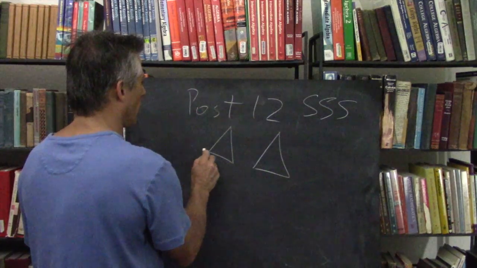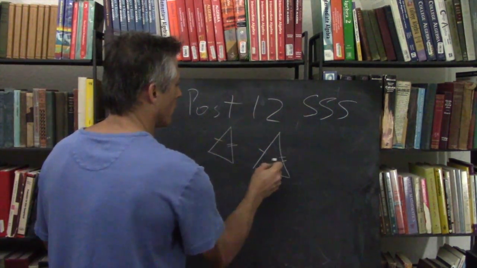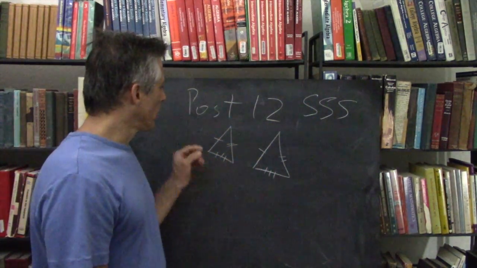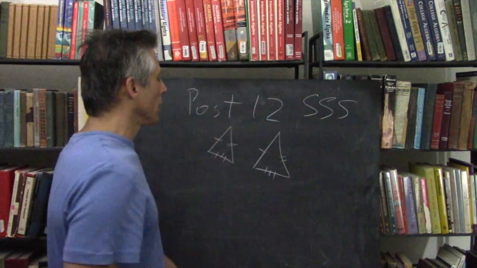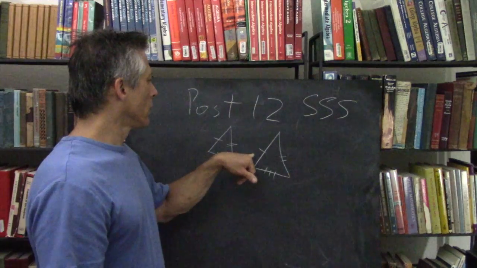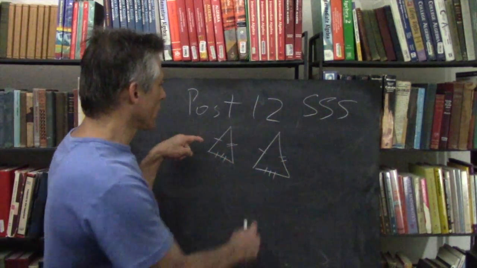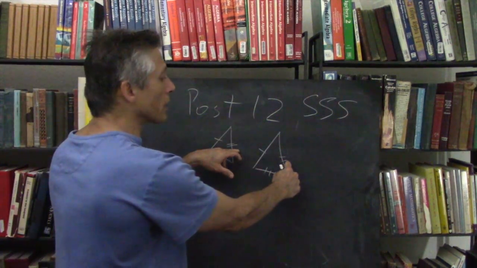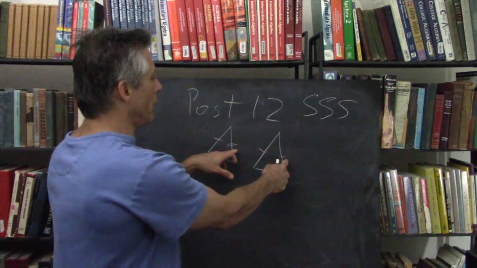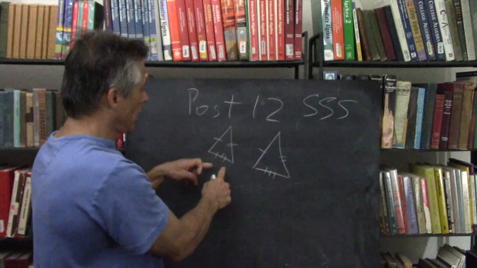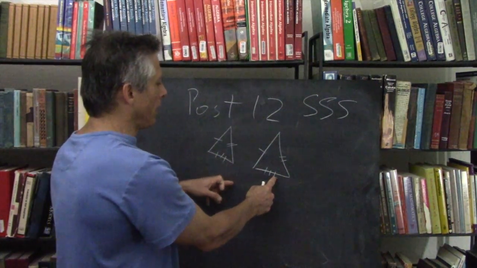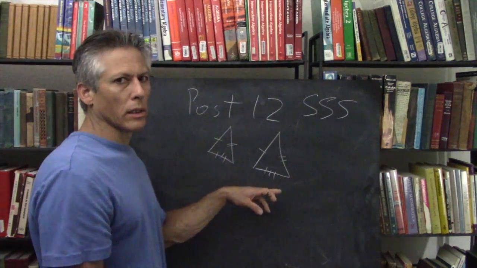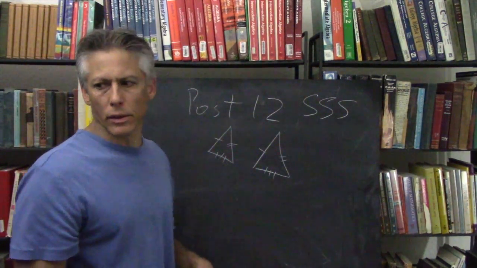If we've got two triangles, and notice the sides are congruent. So this one mark and this one mark means this pair is the same length. Two marks and two marks means this pair is the same length, but this pair is different than that pair. And these three marks mean that these two sides are the same. So when we have something like this, the triangles will be congruent.